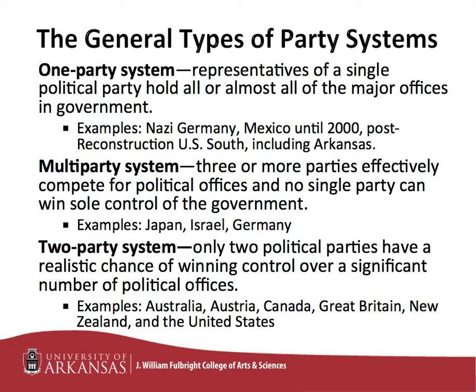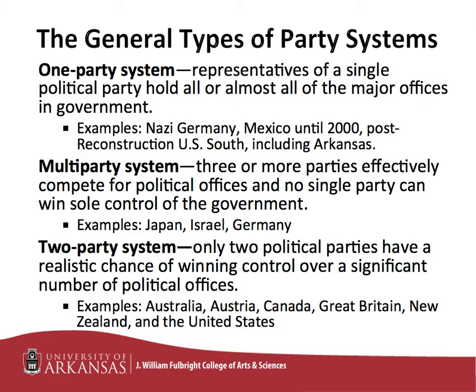Now, to understand this, we first have to define the different general types of party systems. Most obviously, we start with the one-party system. Here, the representatives of a single political party hold all or almost all the major offices in government. This might be due to legal restrictions, or it just might be due to extensive power exerted by one group over society.